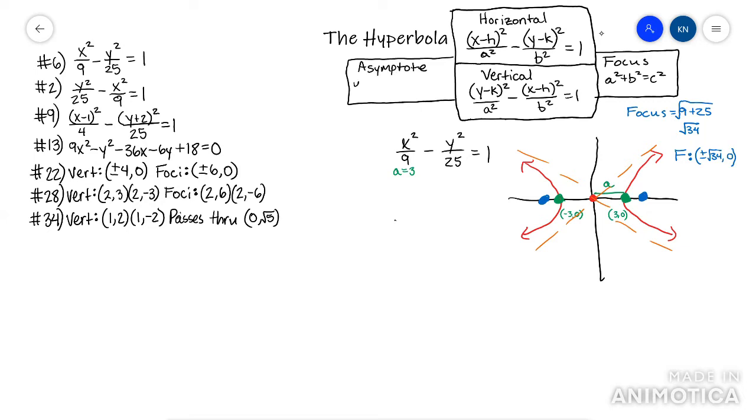It goes y minus k equals plus or minus either a over b or b over a, and I'll explain, times x minus h.